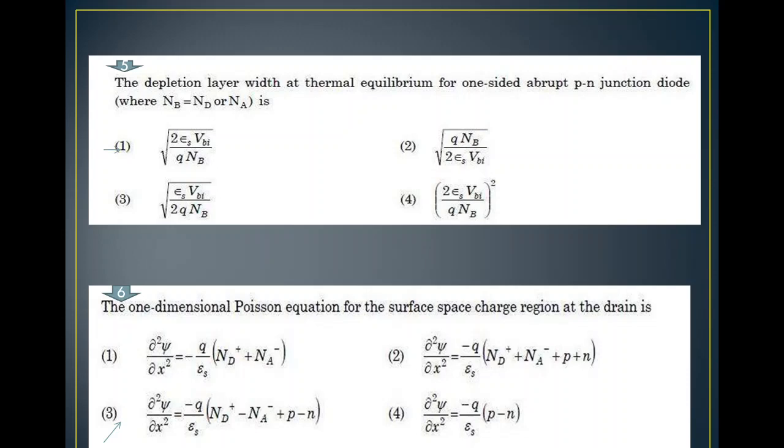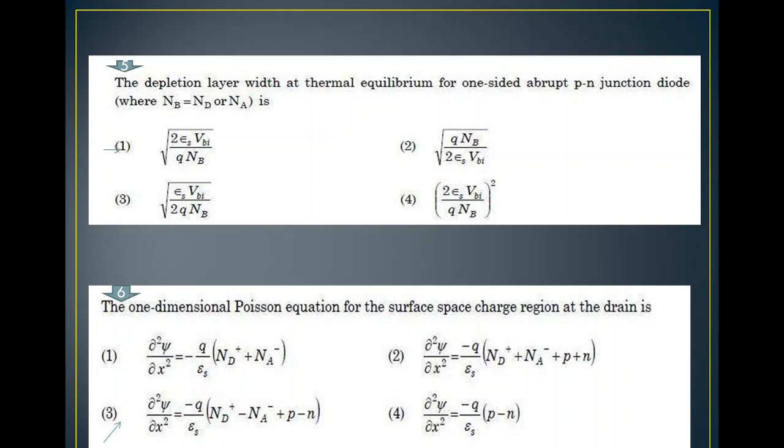Second option, root QNB upon 2 epsilon s VBI. Third option, root epsilon s VBI upon 2 QNB. And fourth option, 2 epsilon s VBI upon QNB whole square. So your correct answer is first, that is root 2 epsilon s VBI upon QNB.